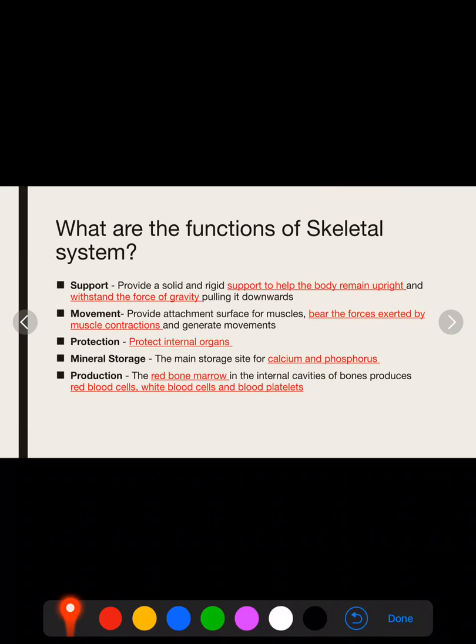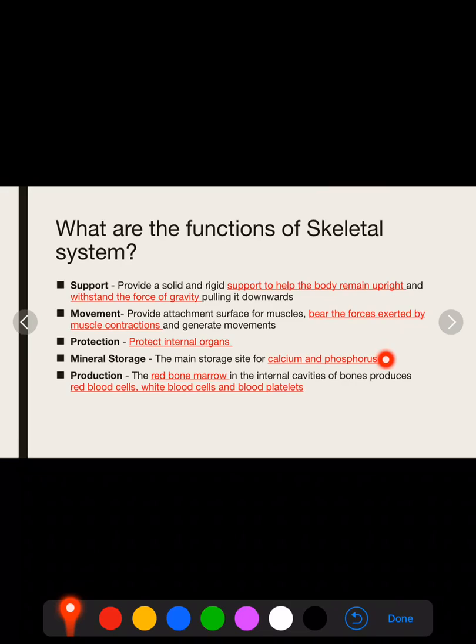And then the third one is protection, which is used to protect your internal organs. For example, inside your thoracic cage, you can find your heart and your lungs. So the bones protect the organs from damage.